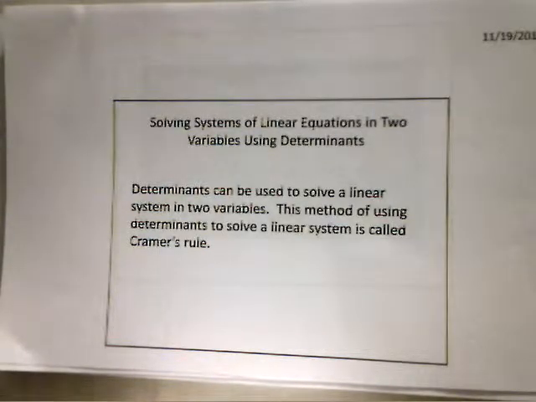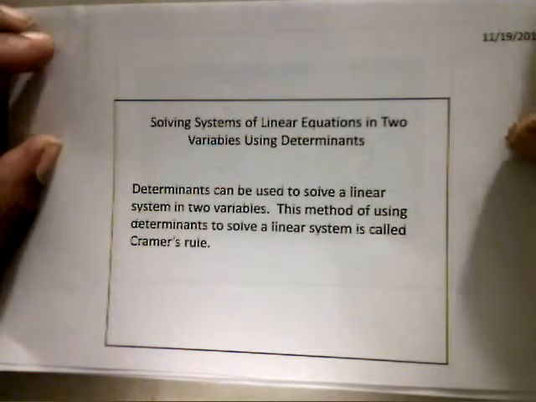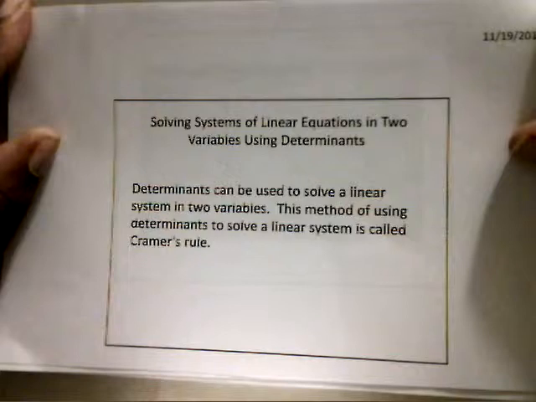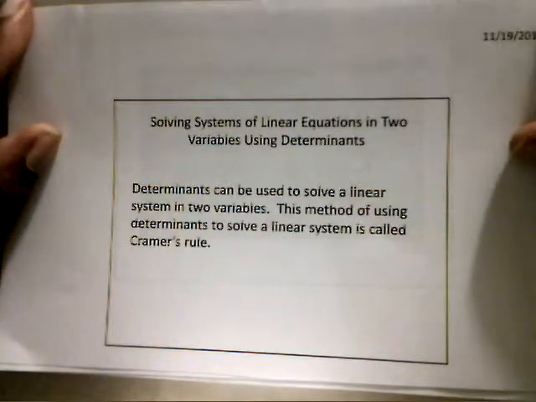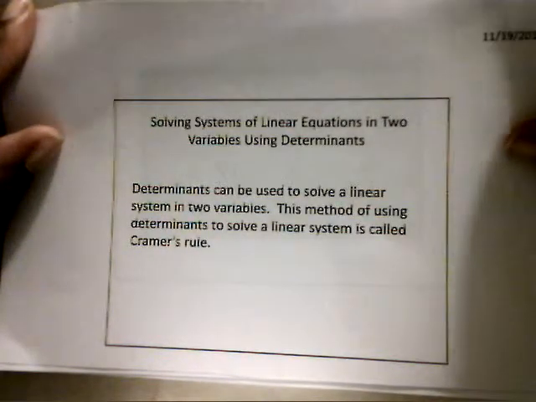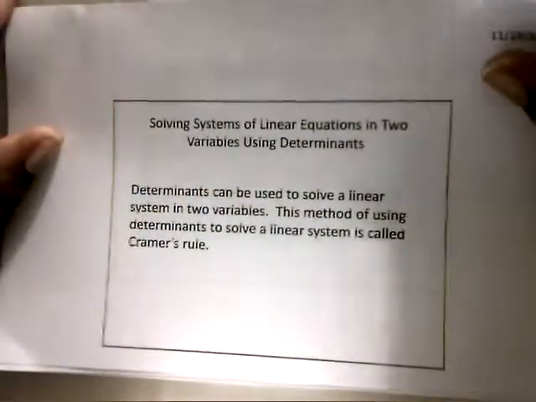Determinants can be used to solve a linear system in two variables. This method of using determinants to solve a linear system is called Cramer's Rule. So in this video, we're going to talk about how to use Cramer's Rule and the concept of determinants to solve a system of linear equations in two variables.